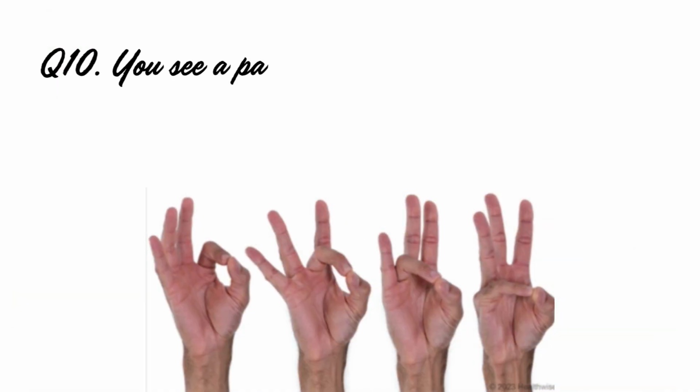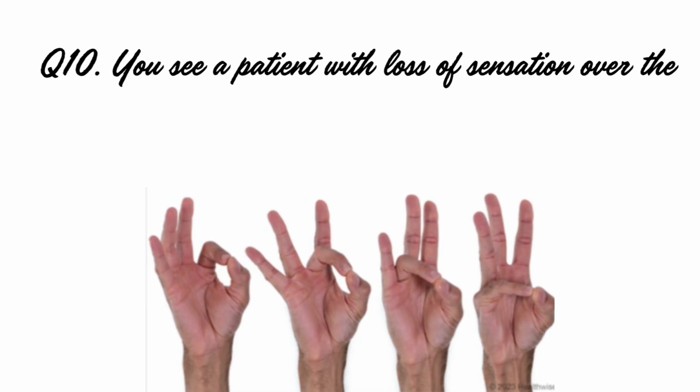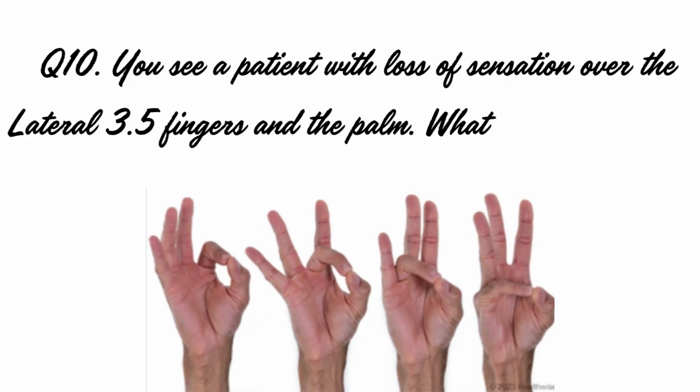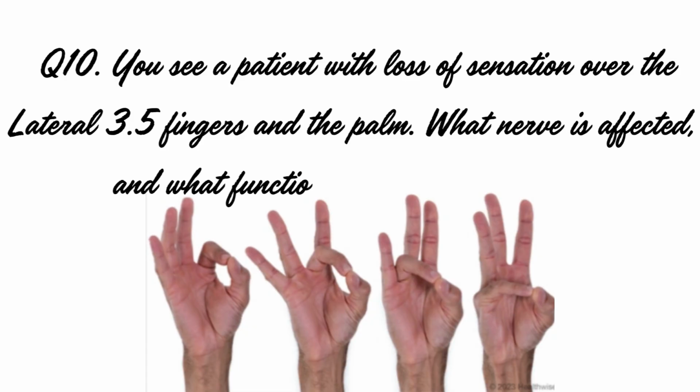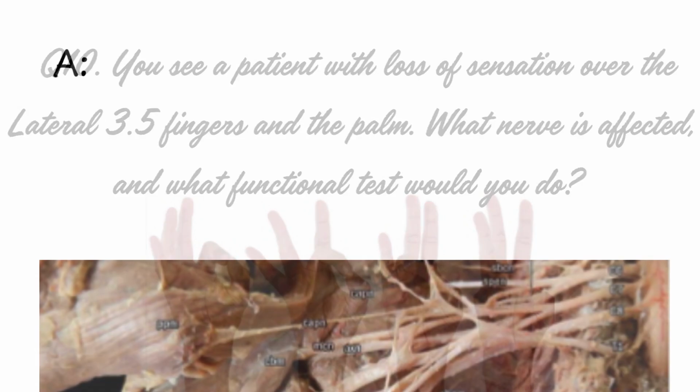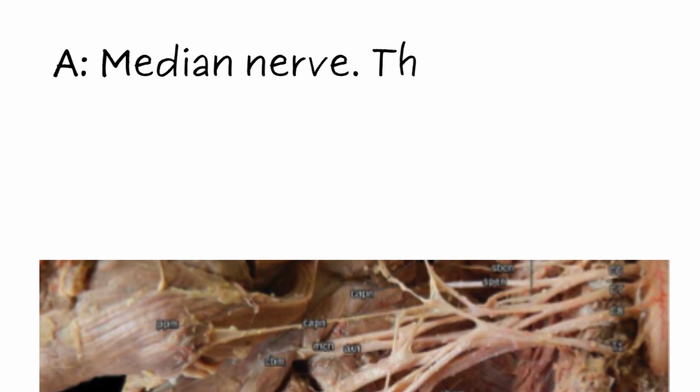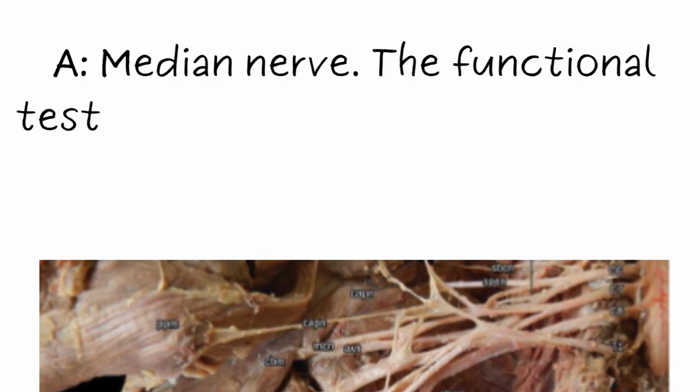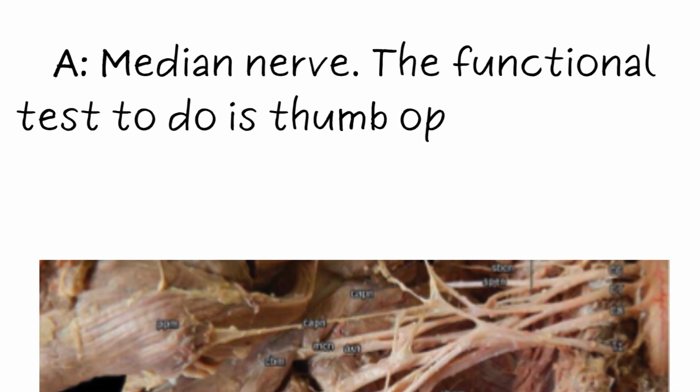Question number 10. You see loss of sensation over the lateral 3.5 fingers and palm. What nerve is affected? And what functional test would you do? The answer? The median nerve is affected.